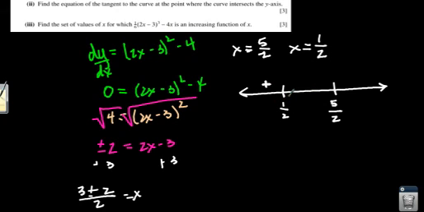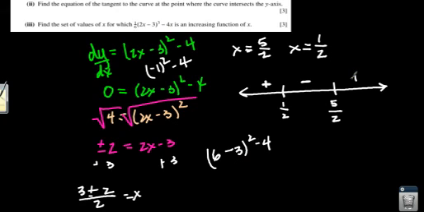The first derivative can tell us where we're increasing or decreasing. So I'm going to pick a number between a half and 5 halves. The number 1 is a nice one. 2 times 1 is 2, minus 3 is negative 1. So we have negative 1 squared minus 4, so that is negative 3. There's a negative, so we're decreasing here. Pretty good bet that we're increasing over here, but we're just going to check. This is really 2.5, so I'm going to plug in 3. 2 times 3 is 6, minus 3, then we square that, minus 4.